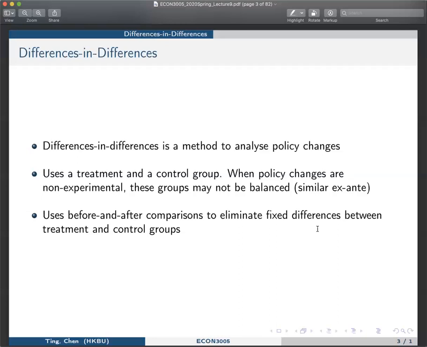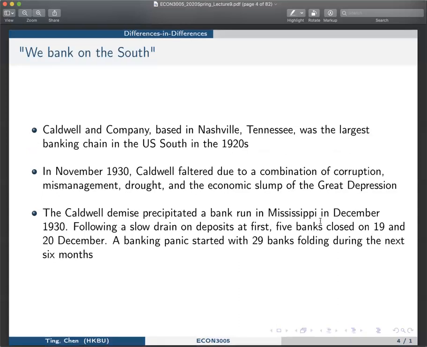It is called diff in diff, where we take into consideration the pre-treatment difference and the post-treatment difference between the treatment and control group, trying to eliminate the pre-treatment difference between these two groups using data from both pre-treatment and post-treatment. So let me illustrate using an example.